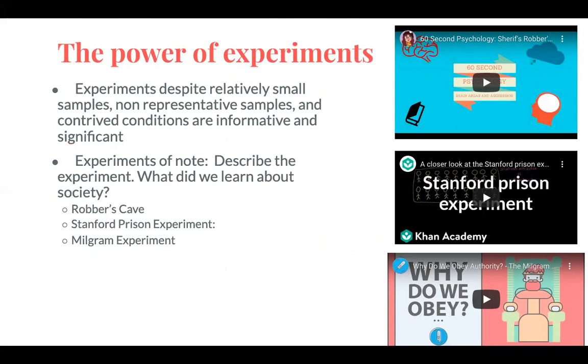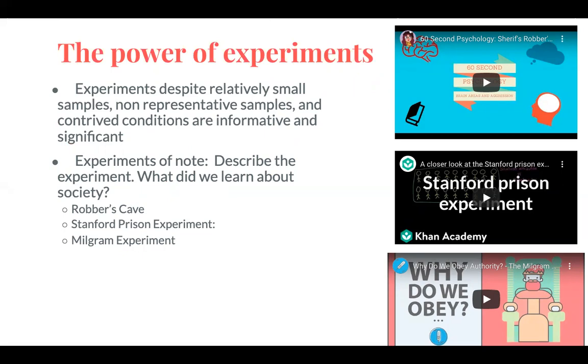A lot of experiments, especially in lab settings, involve participants who tend to be younger, more likely to be white, and more likely to be educated, in psychology studies in particular, because it's usually psychology undergraduates taking part. So these aren't very representative samples, and once again, that's problematic for sociologists because of that lack of generalizability.